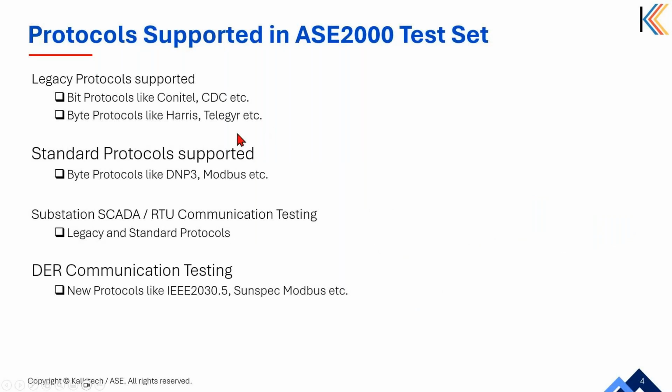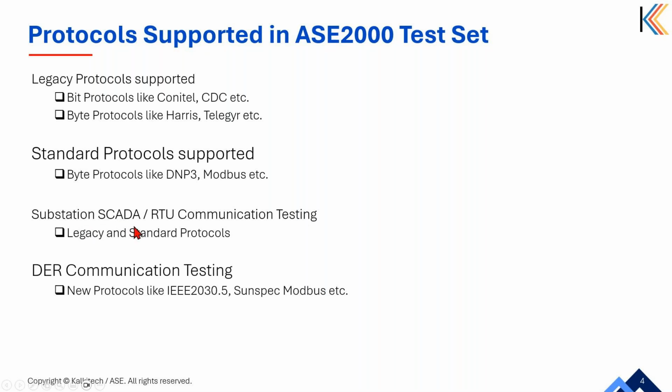Talking about the legacy protocols, we support protocols like Conitel and CDC. These come under the bit protocols category. Then we have byte protocols like Harris, Telegear, etc. We also have standard protocol support like IEC101, 104, DNP3, and Modbus. These are byte protocols.